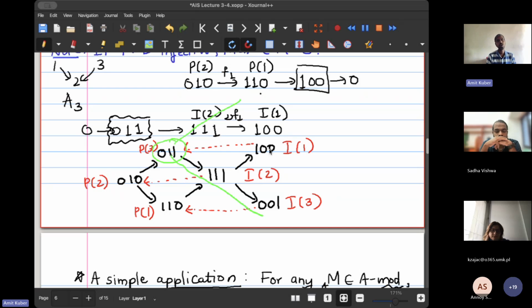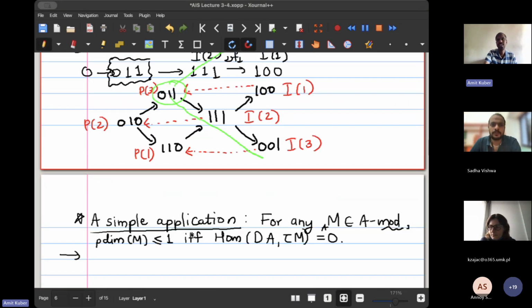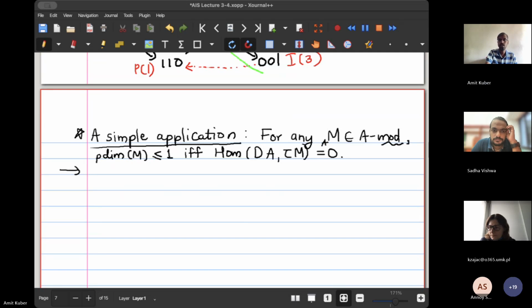You remember this from maybe the second tutorial. We covered this part. So Homs can be computed. Whether the Hom is non-zero or not can be observed by just looking at the Auslander-Reiten quiver. So here we are saying that you should be able to do it by just looking at certain Homs.